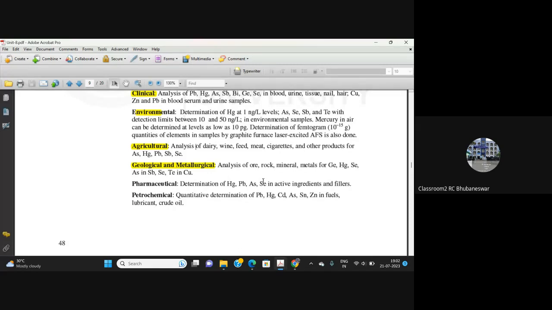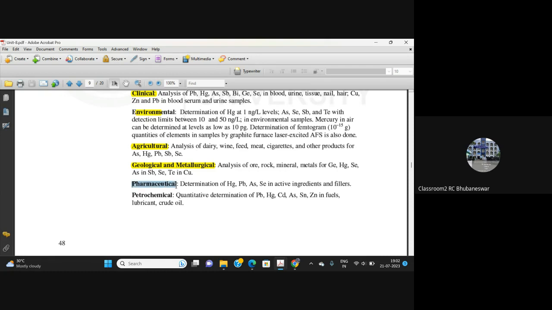It means it has a vast application, this AFS. I had not practically used this AFS, but AAS was there in my previous institute where I was working. AAS was there, atomic absorption spectrometry, but this AFS is very useful.